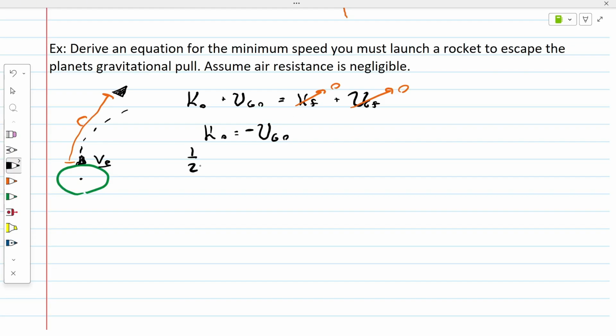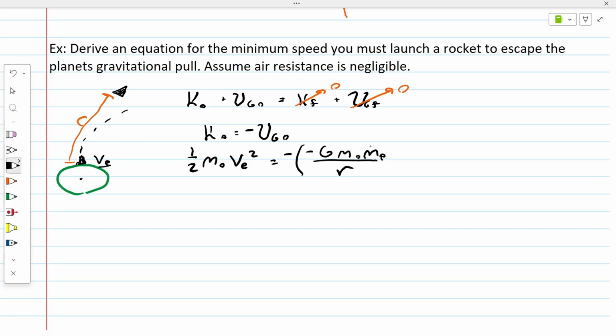We have 1/2, and the mass we use in the kinetic energy is the mass of the rocket, or to generalize, the mass of the object. And the velocity is the initial velocity, which is this escape speed velocity, squared. Then this whole thing equals minus, and this is a minus G, the mass of the object and the mass of the planet we're on, because we have the two masses over the radius.